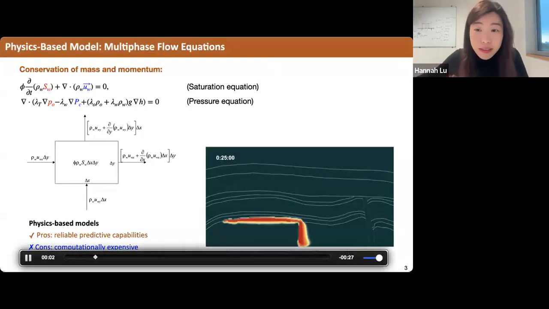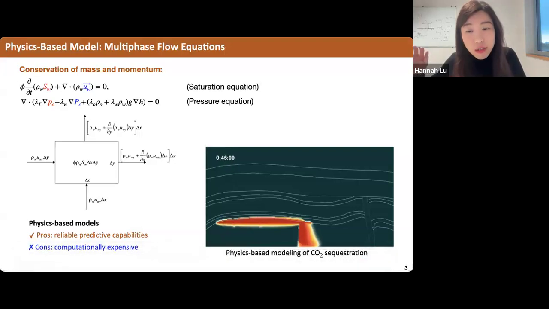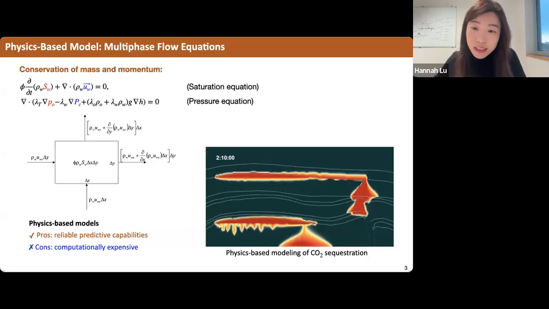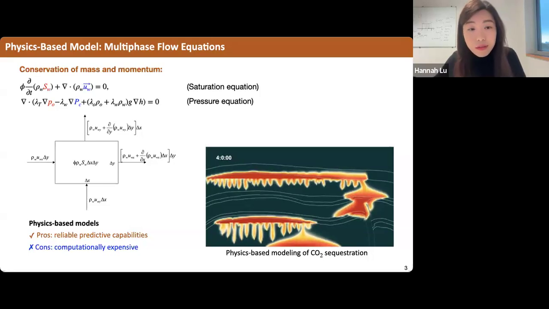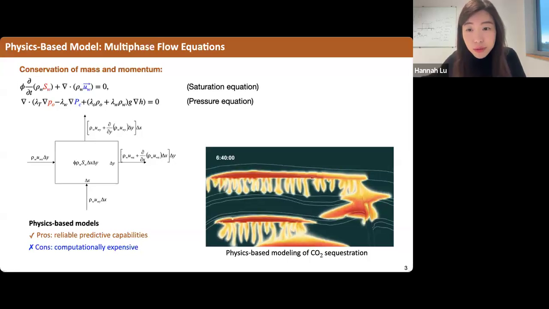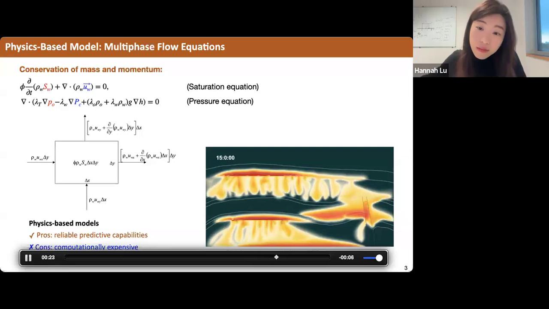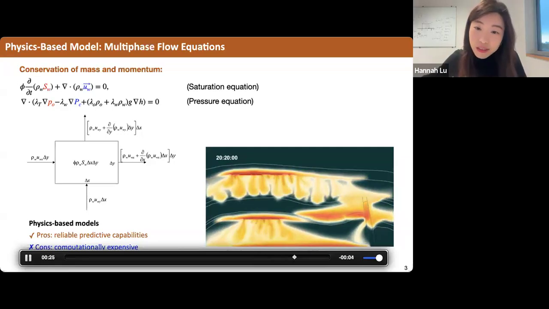The good thing about these equations is that they are reliable in providing future predictions, with their explanatory power and quantitative error estimates. But it's still very challenging today to run physics-based modeling because of the expensive computational cost.